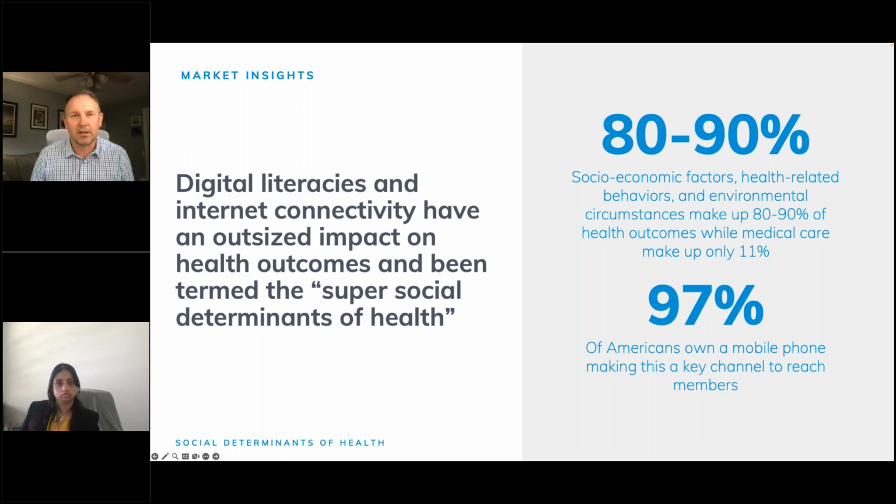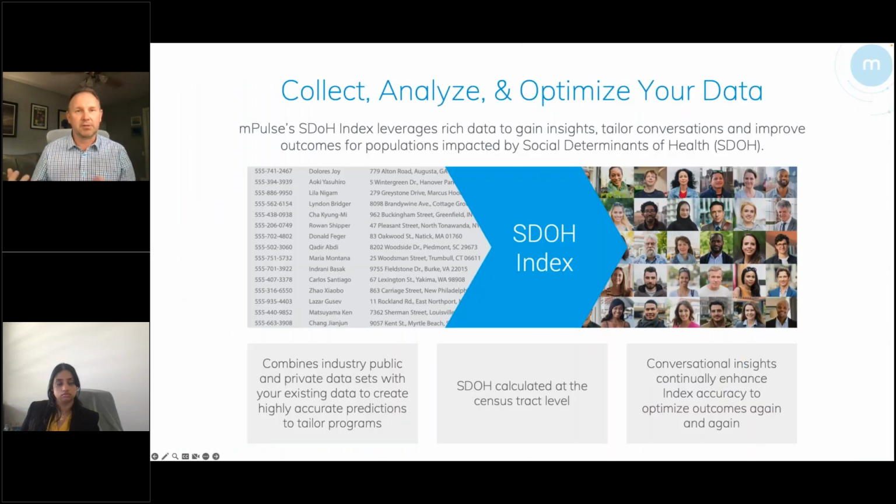If you go to the next slide, we actually take it a step further sometimes, and we have something called the SDOH index. What this is, is an mPulse proprietary data set of public and proprietary data that is out there that we use, and we are able to geolocate based upon the information that's provided on your patient file.